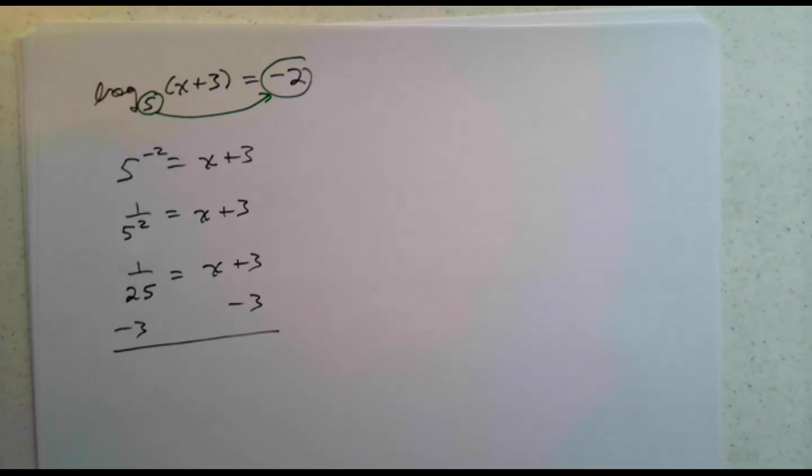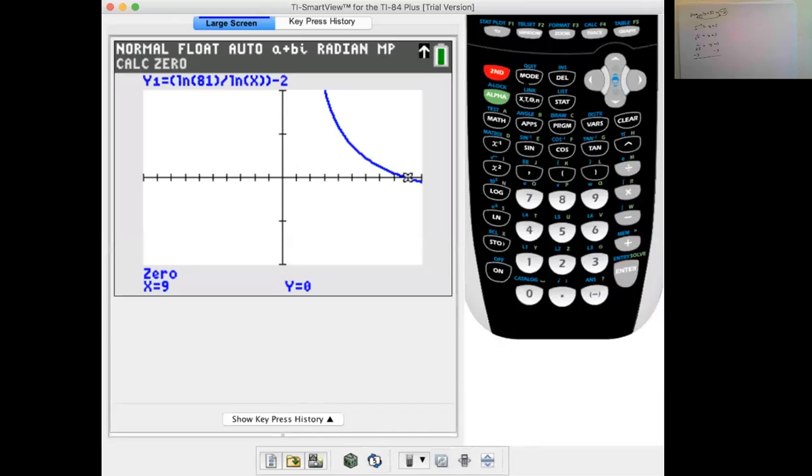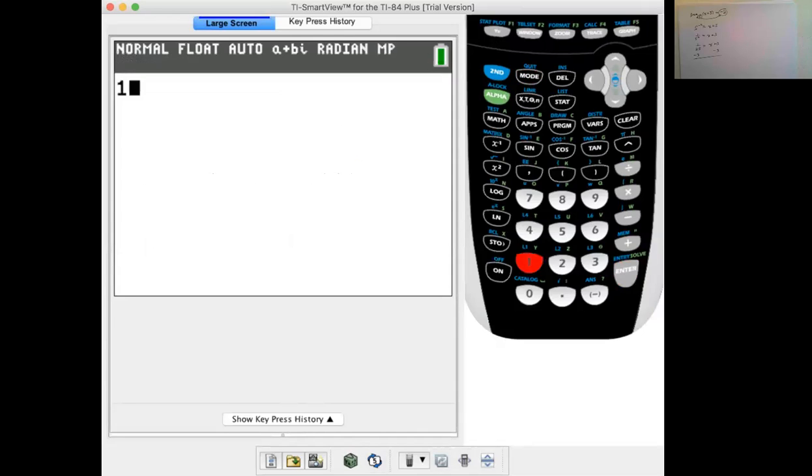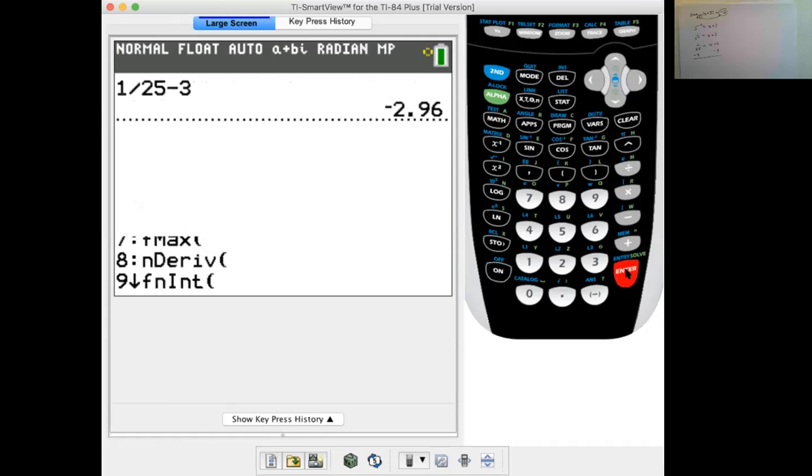1/25 minus 3, which is a good job for a calculator. Maybe I should show you how to do that on a calculator. (1/25) minus 3 gives me a decimal, and go to math, change to a fraction. That's the first one, enter, enter.